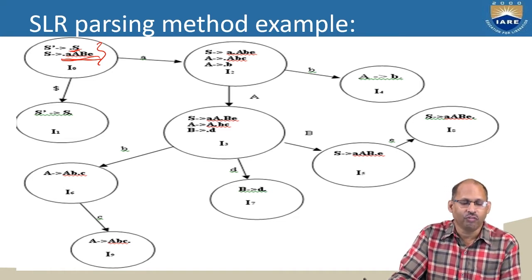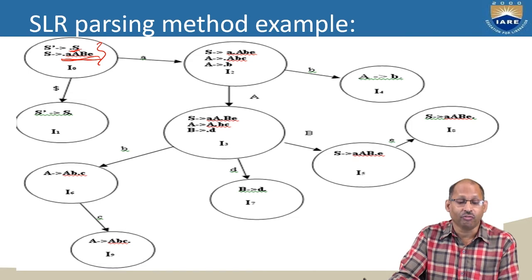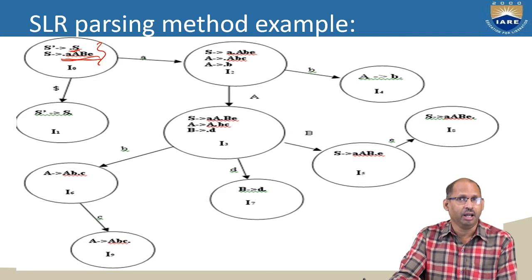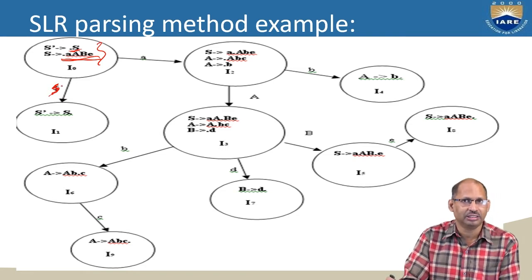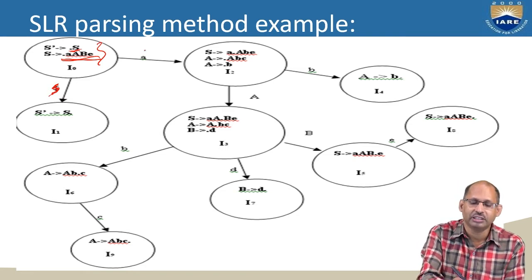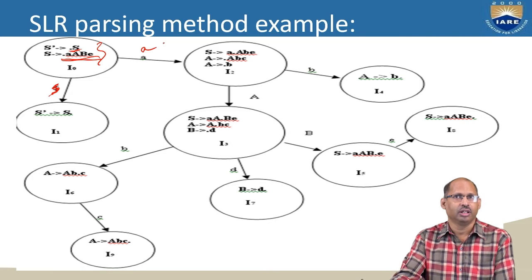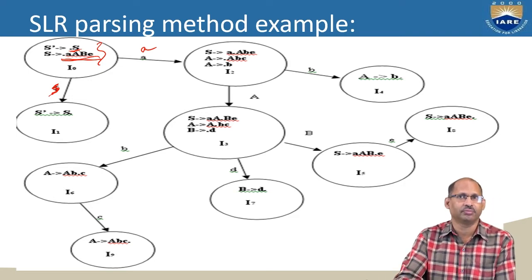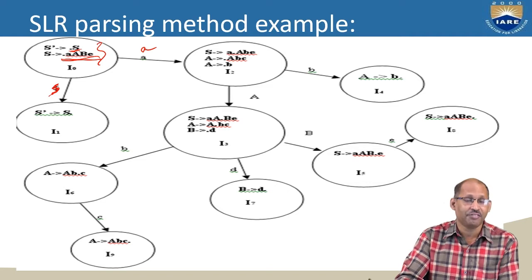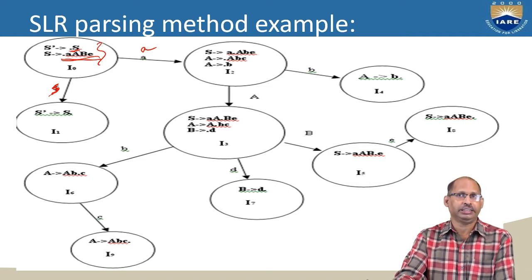Now, what are the symbols followed by dot? There are two symbols, capital S and small a. They will be the goto operations.